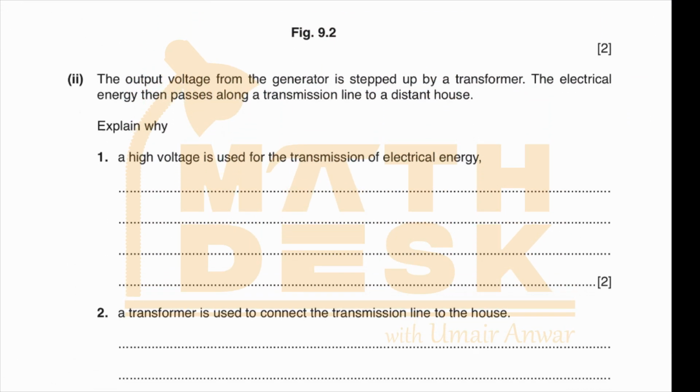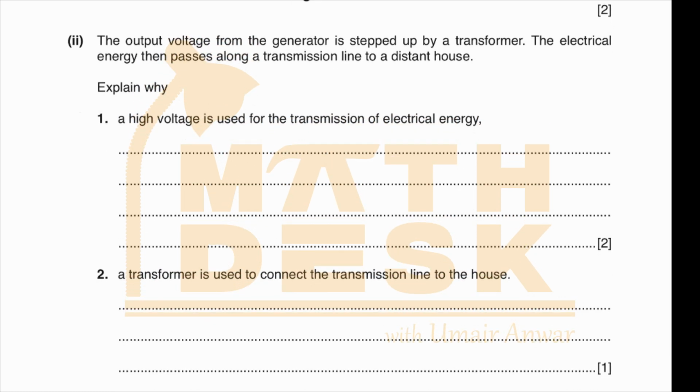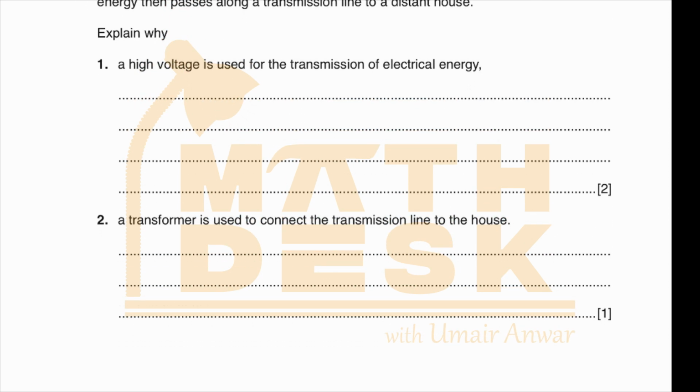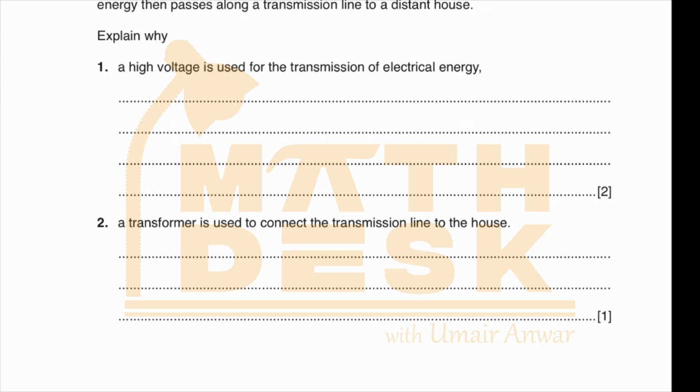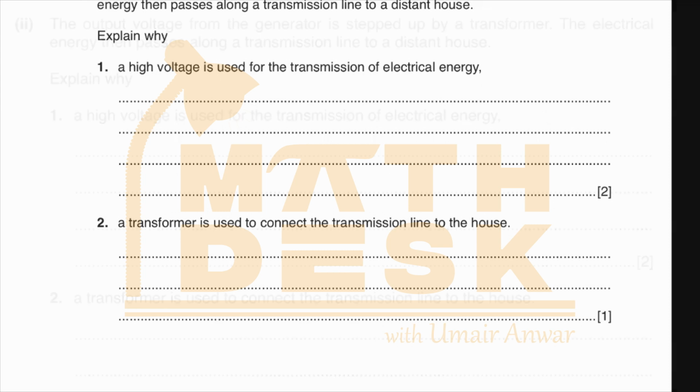The next part says the output voltage from the generator is stepped up by a transformer. The electrical energy then passes along a transmission line to a distant house. Explain why a high voltage is used for the transmission of electrical energy.